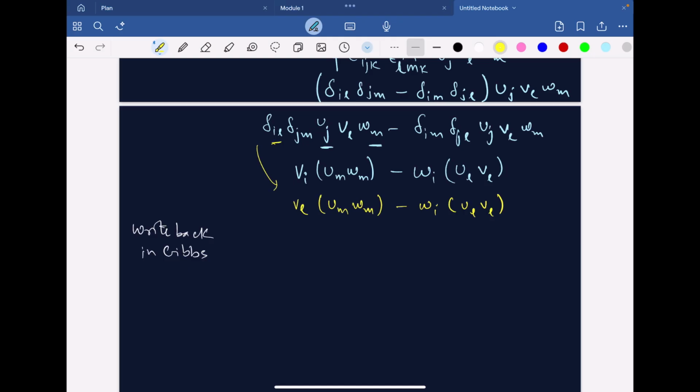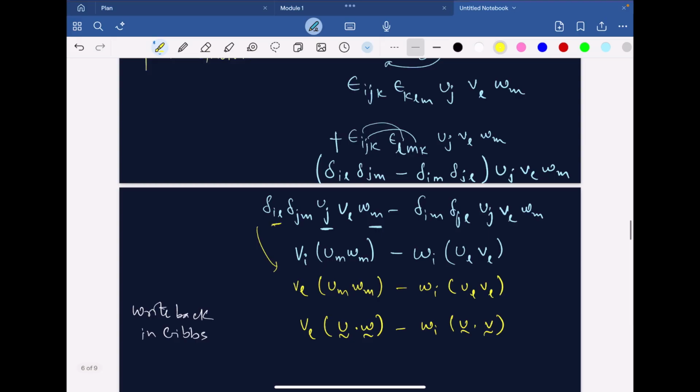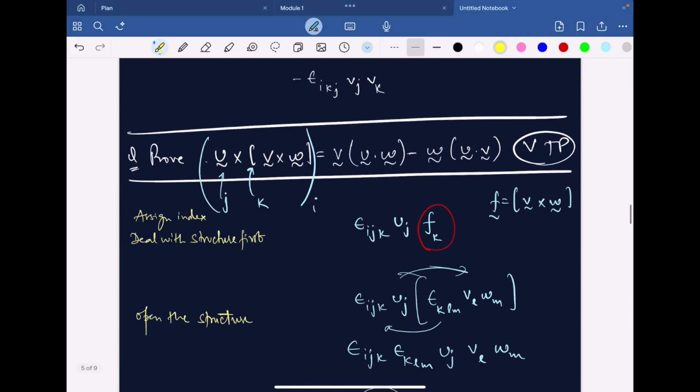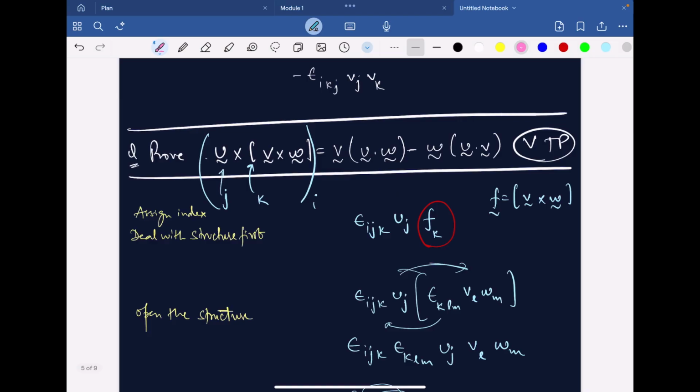If you write back in Gibbs notation, this would give you v_l, and this is a dot product, so let me abuse the notation a bit to give you a physical picture: u dot v. First of all, this did not prove the vector triple product, because v and w are both vectors, but they should have the same index although they are separated by a minus sign.